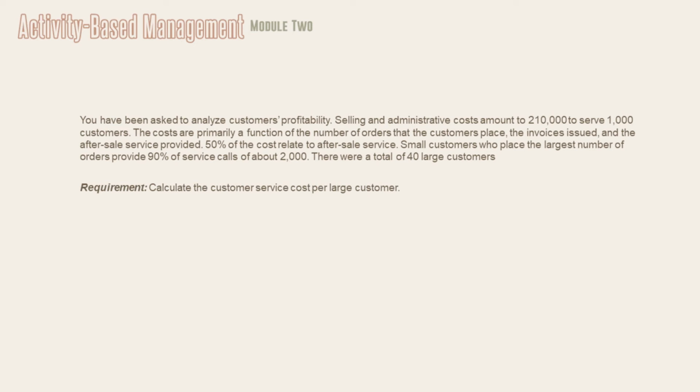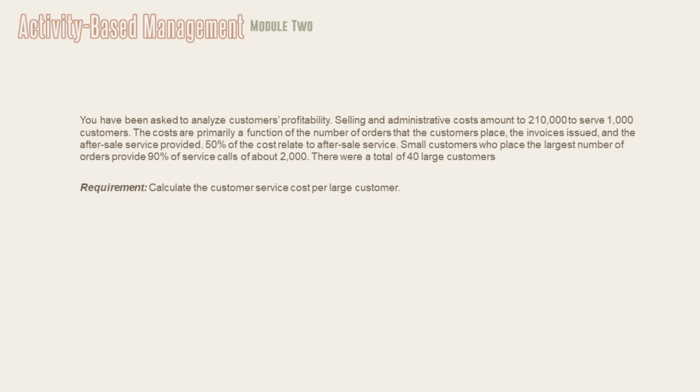Okay, for problem number 3, let me read the problem to you. You have been asked to analyze customers' profitability. Selling and administrative costs amount to 210,000 to serve 1,000 customers. The costs are primarily a function of the number of orders that the customers place, the invoices issued, and the after-sales service provided. 50% of the cost relates to after-sales service.